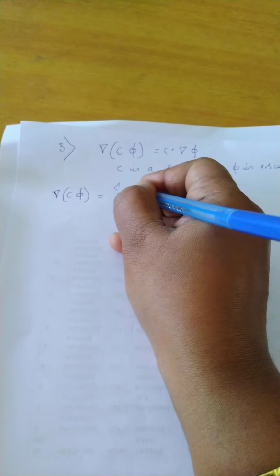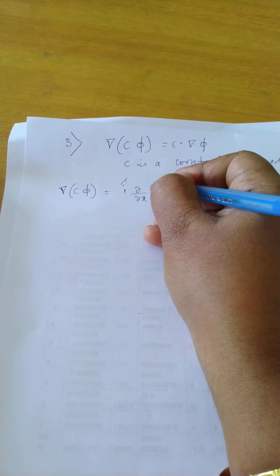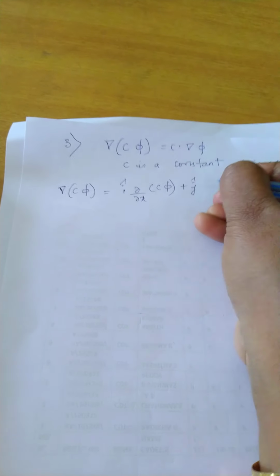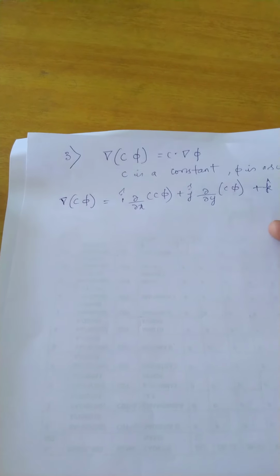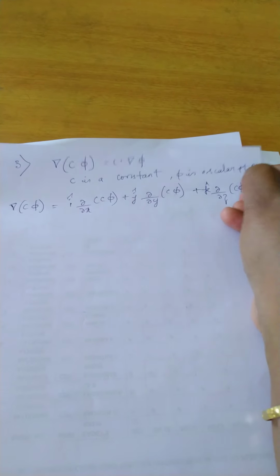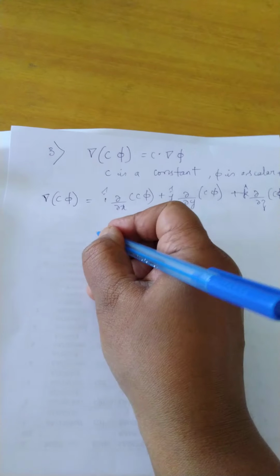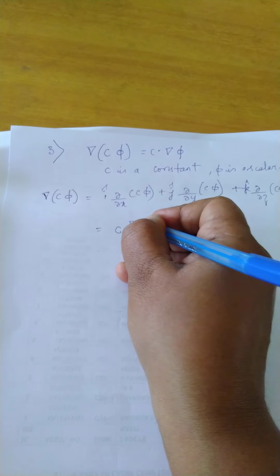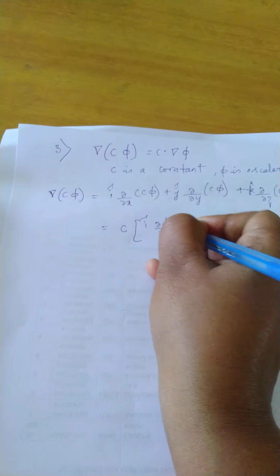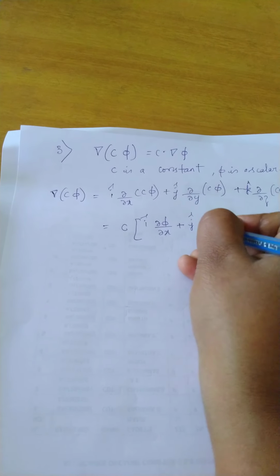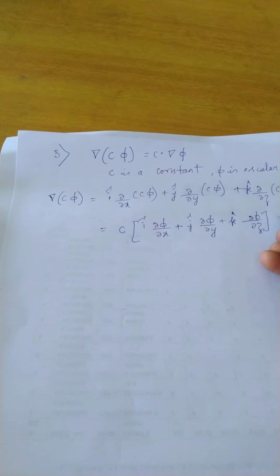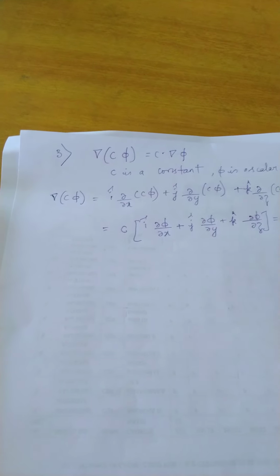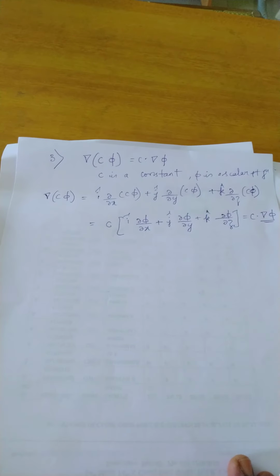So I get i cap dou by dou x of c phi plus j cap dou by dou y of c phi plus k cap dou by dou z of c phi. Since c is a constant, I'll take it out. So I have i cap dou phi by dou x plus j cap dou phi by dou y plus k cap dou phi by dou z. This is nothing but c into grad phi. So we are able to prove this third consequence.